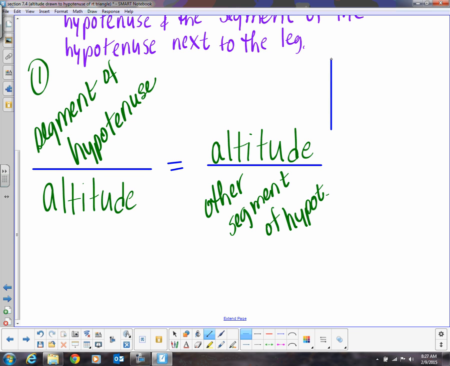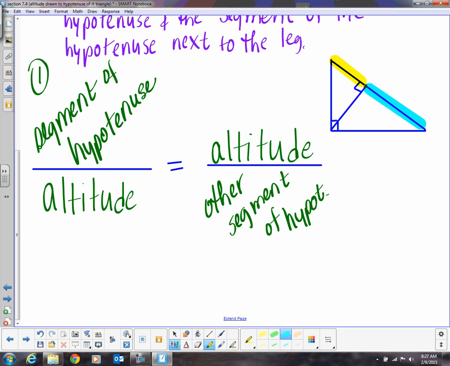Let me draw a picture so you understand what I mean by the segments of the hypotenuse. Yeah, right there, the top one. This altitude separated my hypotenuse into two pieces. Do you see those pieces?